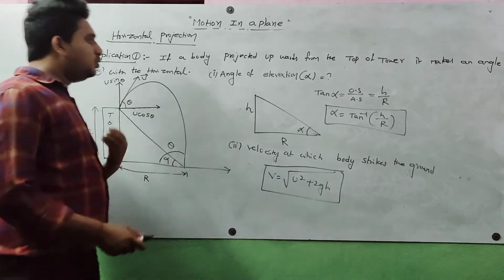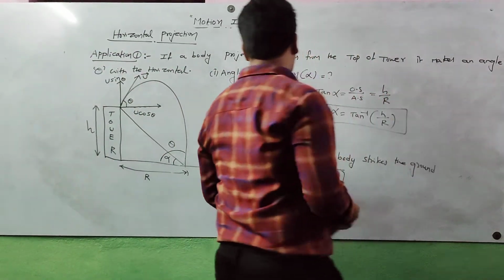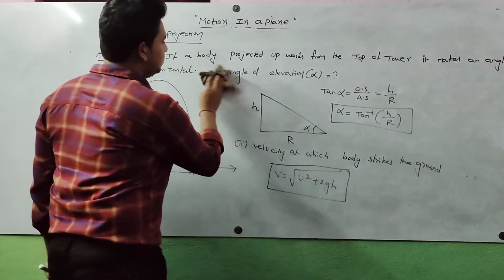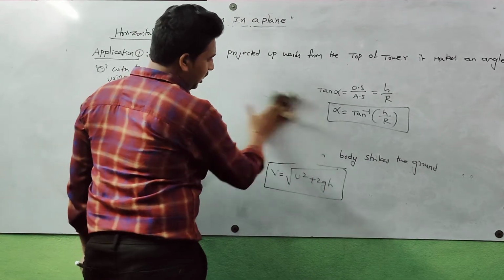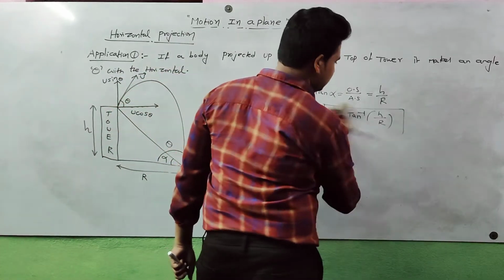Then how to find time of flight and how to find height of tower? That is the third one. Here, how to find time of flight.